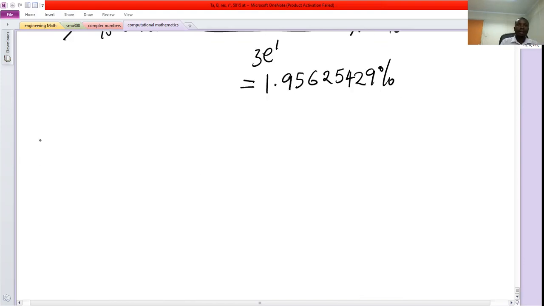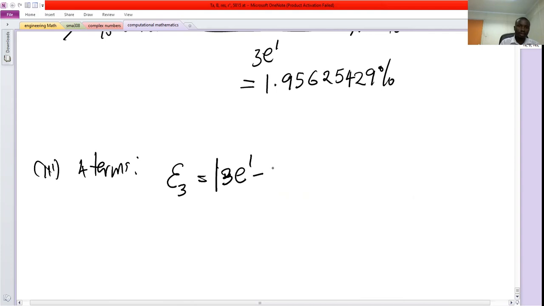Let's see the case of 4 terms. So let's call the error E3. It will be the difference between 3 e raised to power 1 minus the approximation. In that case, we got our answer to be 8.081041667.